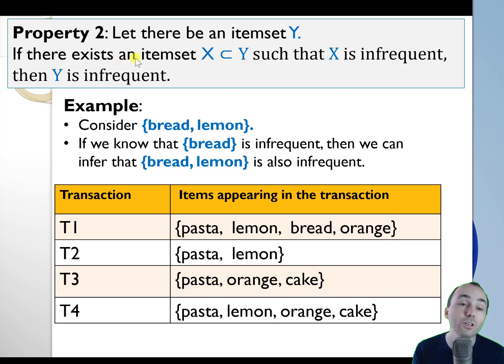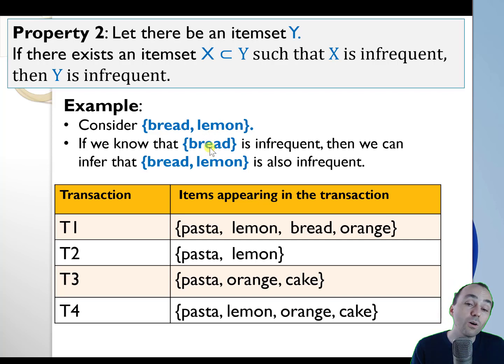So let me show you this with an example. If we know that bread is infrequent because bread appears only once in our database, and now we want to find the item sets that appear at least twice, then bread is X, and all the supersets of bread, Y, like bread and lemon, bread and something else, cannot be frequent.